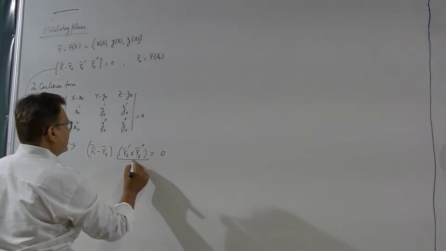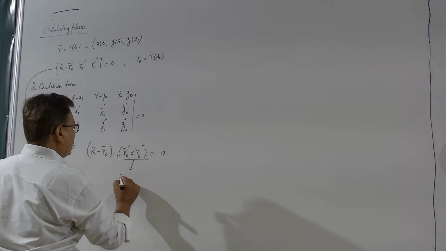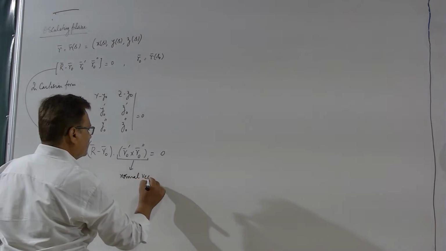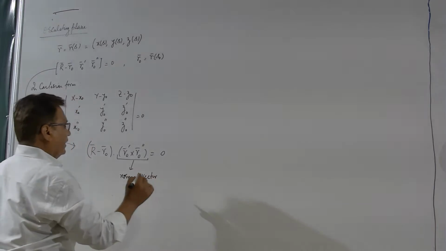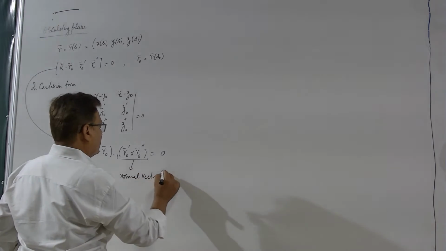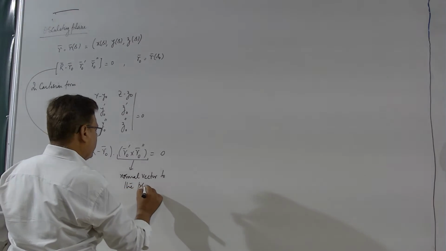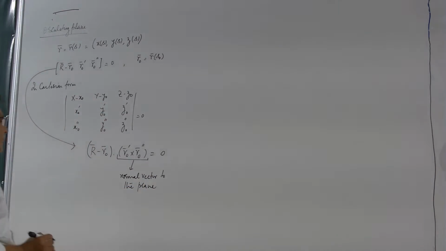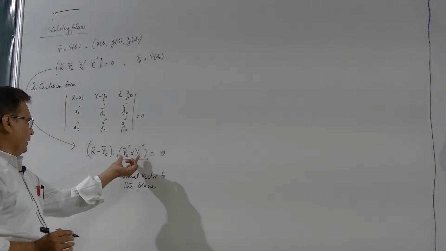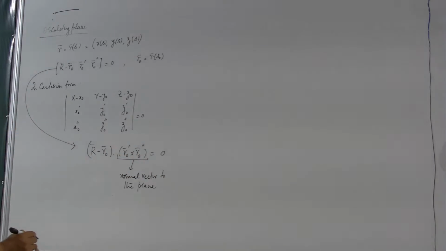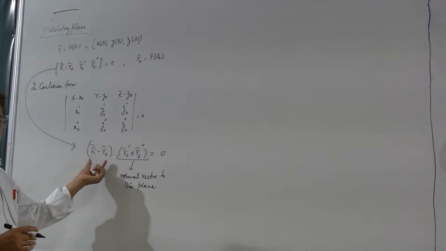This is the vector normal to the plane, the osculating plane I mean. And therefore, these two vectors r dash and r double dash are the vectors which generate this osculating plane.